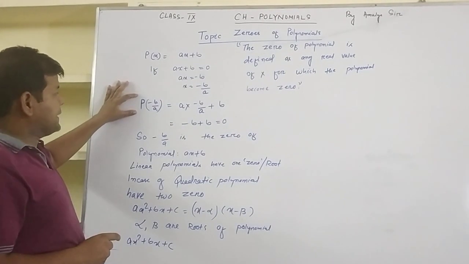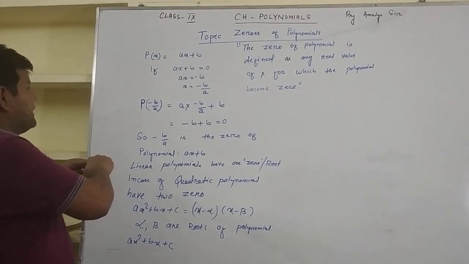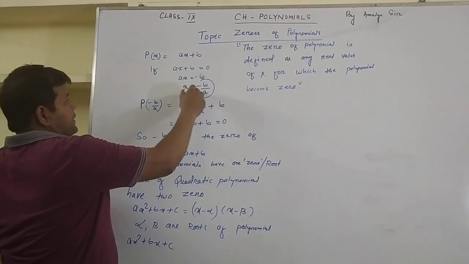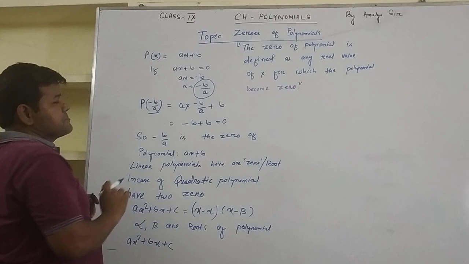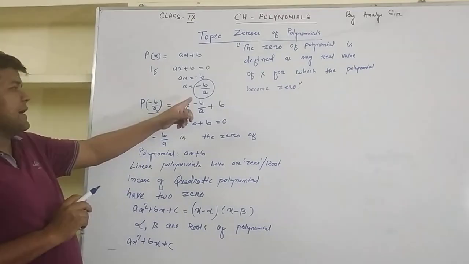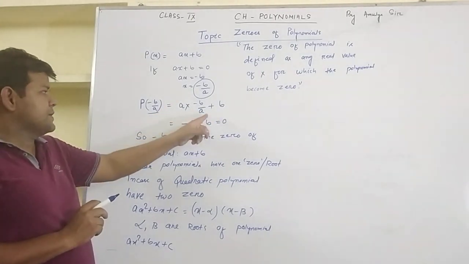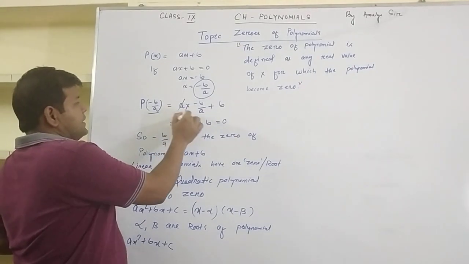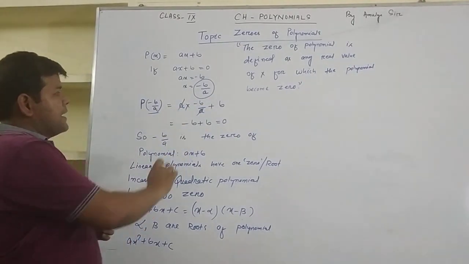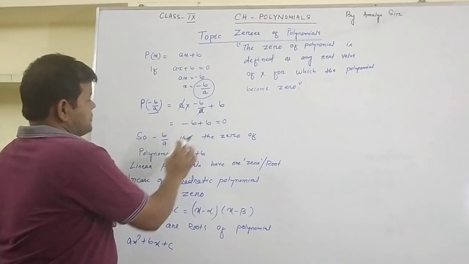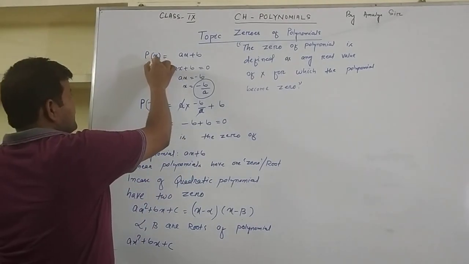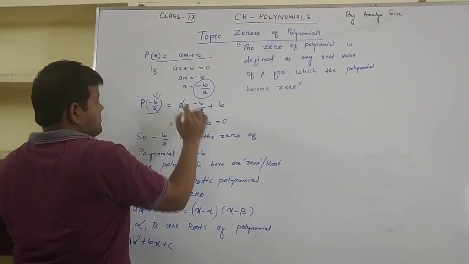Now in p of x, I put this value: a into minus b by a, plus b. Here a cancels, and you get minus b plus b, which is 0. That means this polynomial becomes 0 at this value.